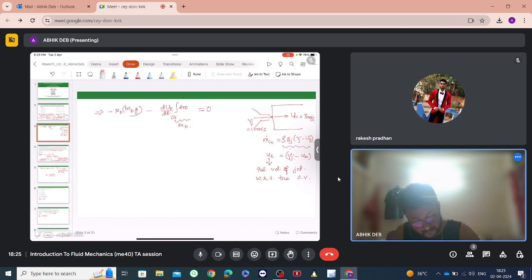So that is why this is minus of m dot in into ur. So m dot in is this one that we have calculated, and ur is the relative velocity of the jet with respect to the control volume.